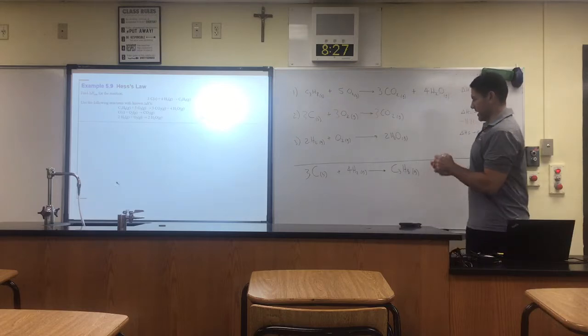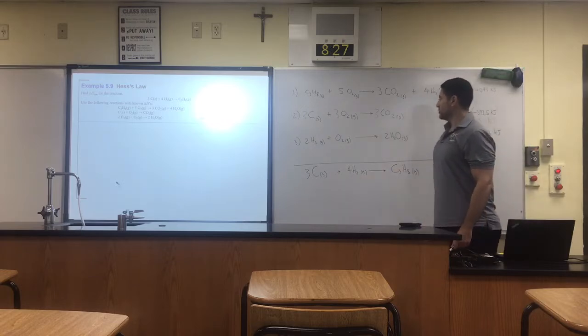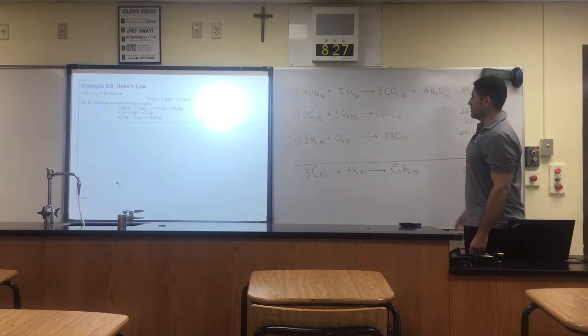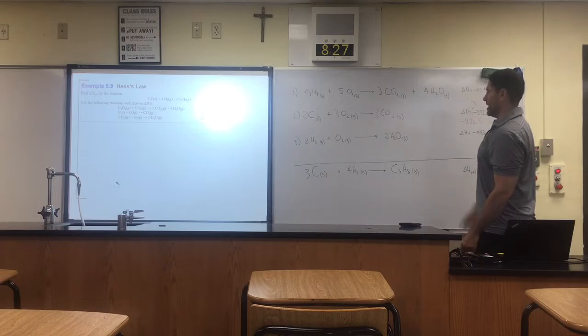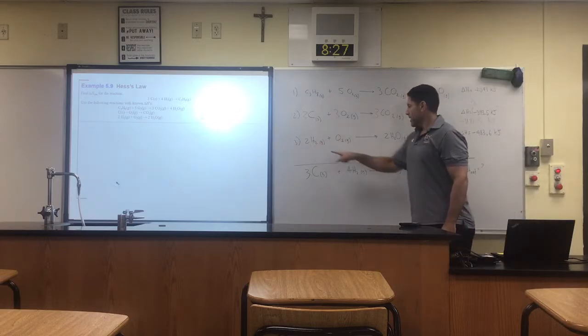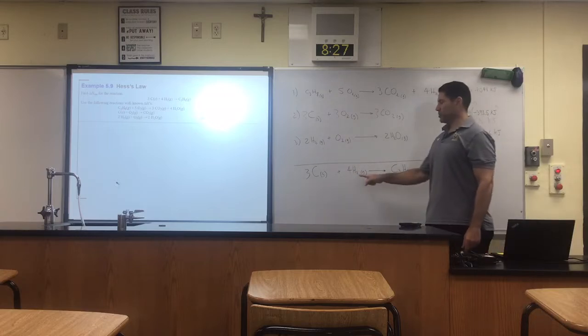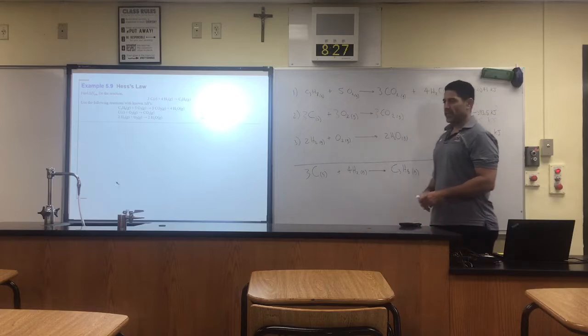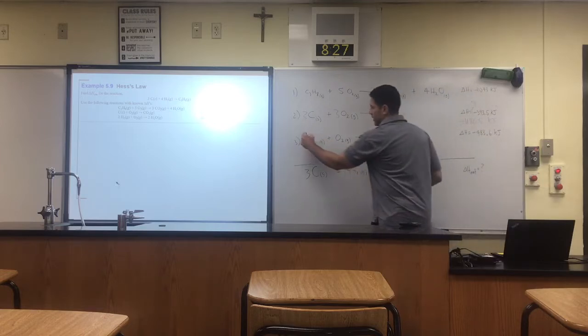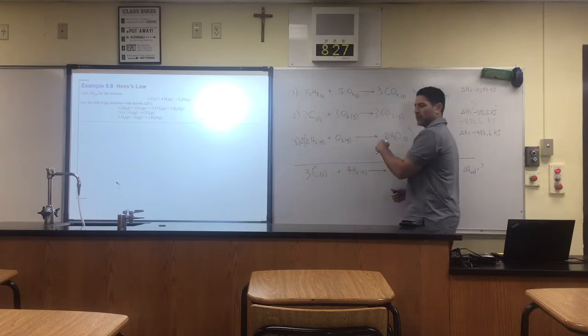All right, let's go to the next one. The next element is hydrogen. As I look, the hydrogen here is in equation number 3. It's on the reactant side where it's supposed to be, but there should be 4, and there's only 2. So we're going to take equation number 2 and multiply it by 2, and I'm going to rewrite it.